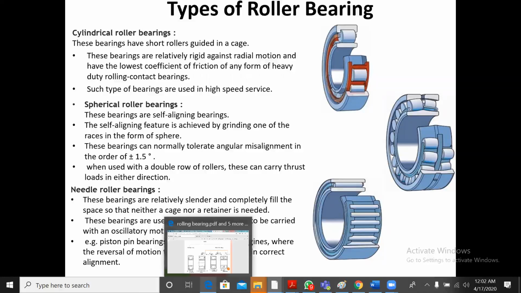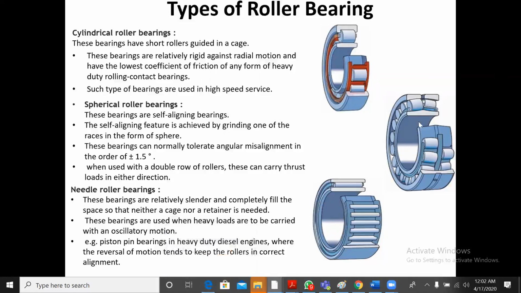When used with a double row of rollers, these can carry thrust load in either direction. If we are using the double row, as shown in the figure, a double row spherical roller bearing, then these bearings can sustain thrust load in either direction.